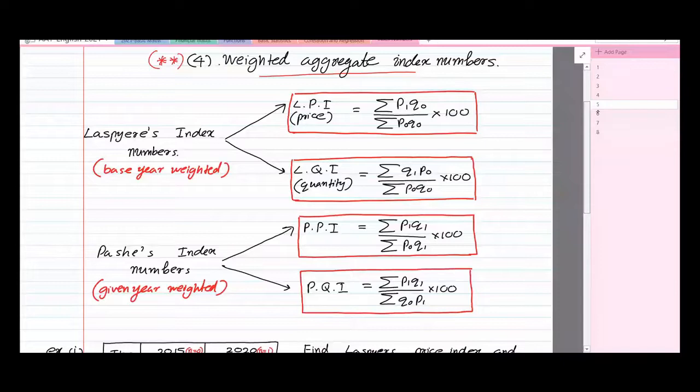The Laspeyres price index is sigma P1 Q naught divided by sigma P naught Q naught into 100.